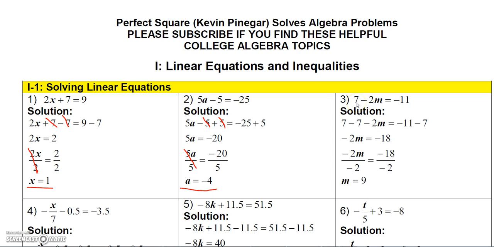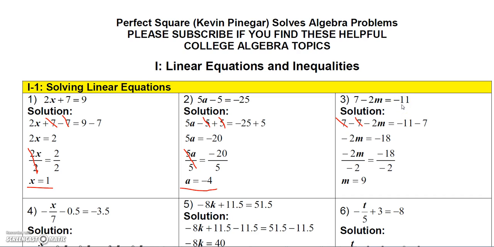Okay, here's another one. This one, I have 7 minus 2m equals negative 11. So what I want to do is get rid of the 7. And so I'm going to subtract 7 from both sides. And then the 7's cancel. And then I'll still have negative 2m over here on this side.